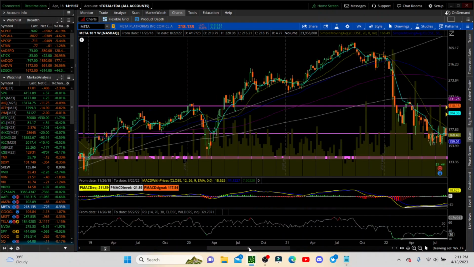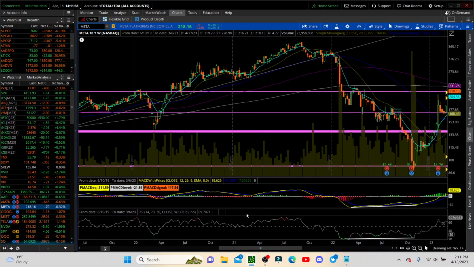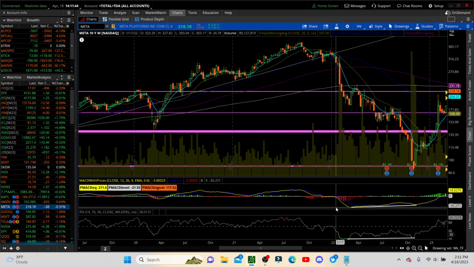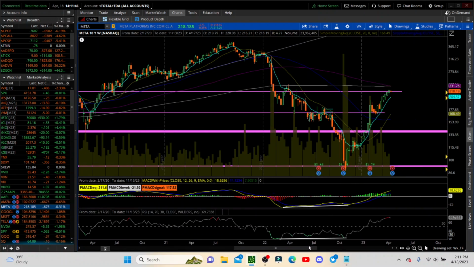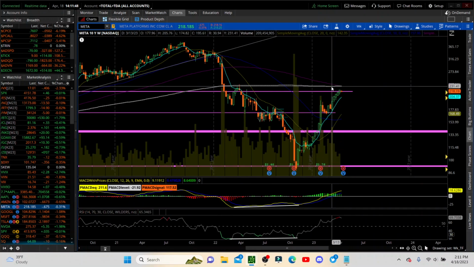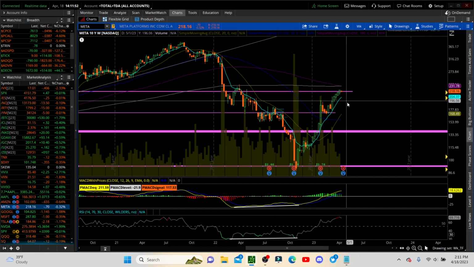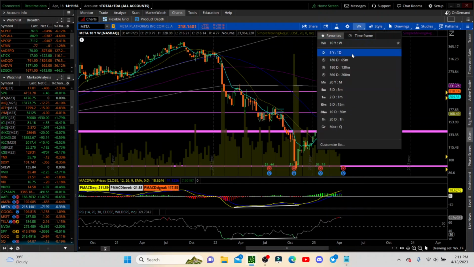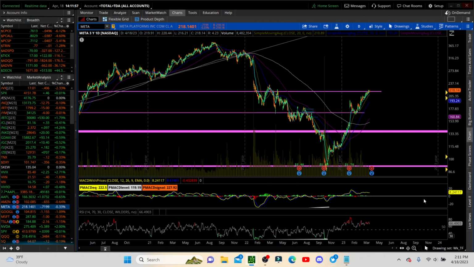Rejection there, rejection, support here, rejection, rejection. So you see it's a pretty important area. And then right above it, you have that 100 simple moving average and the 200 simple moving average on the weekly time frame. So I do believe Meta could be in a very bullish stance.